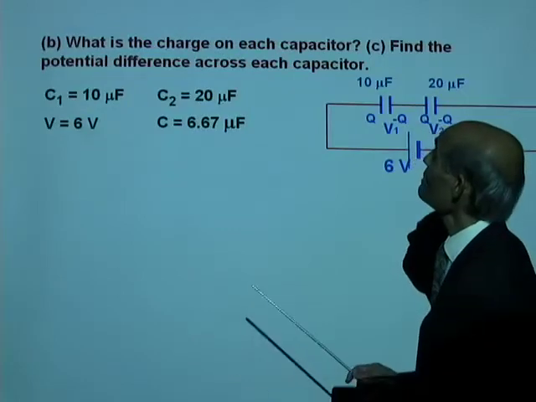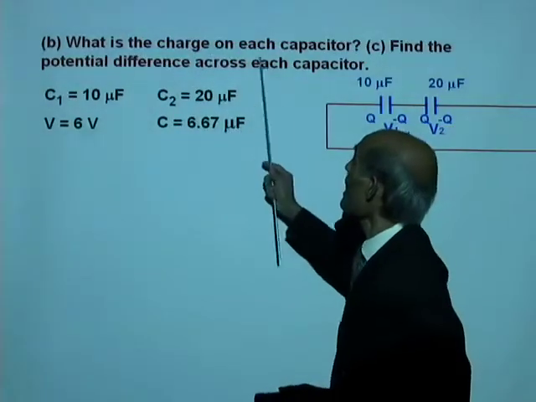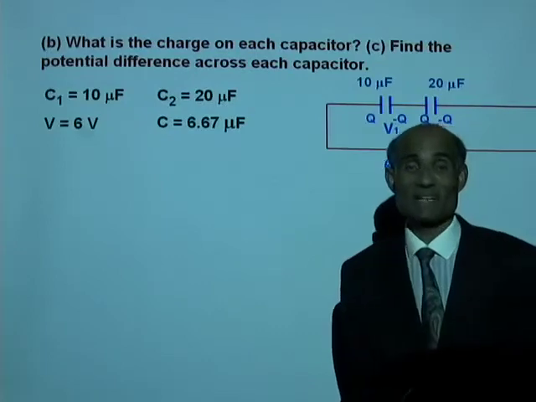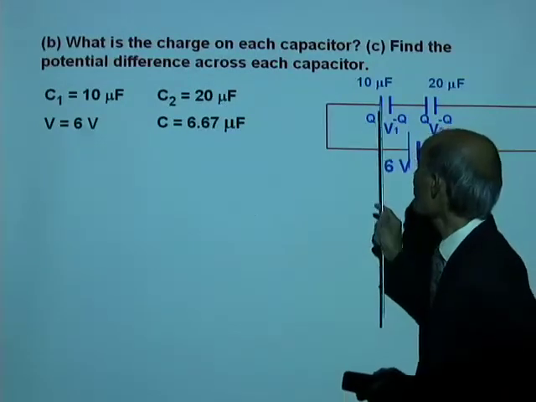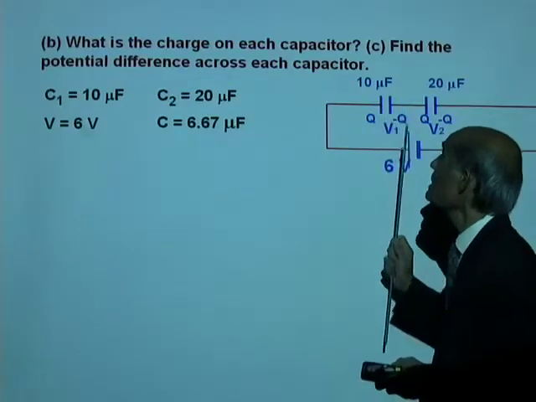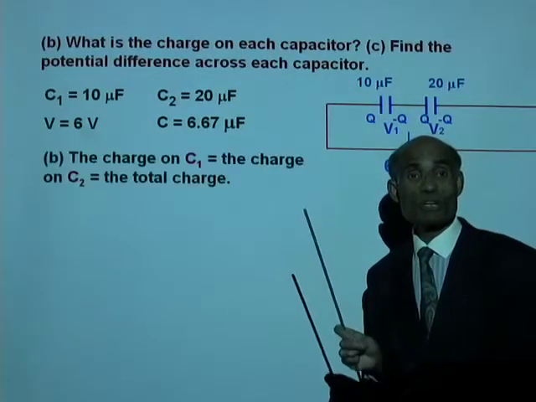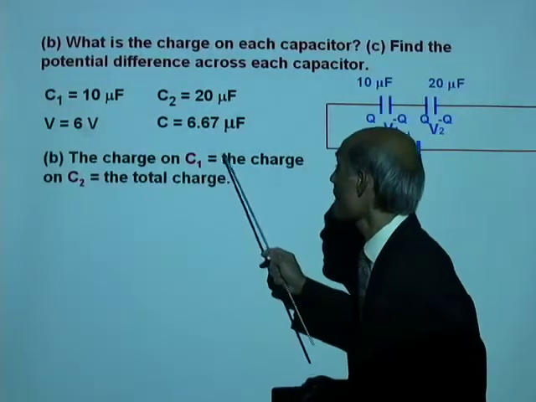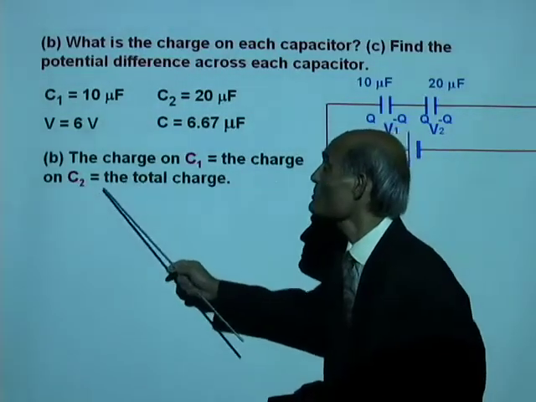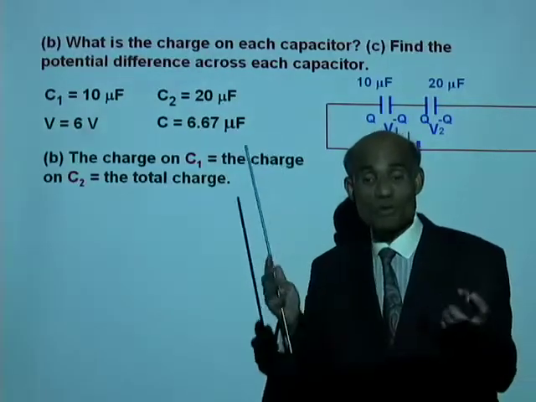What is the next thing we need to find? What is the charge on each capacitor? Well, in order to find the charge, you need to know the potential difference. Is that right? Well, the charge on C1 equals the charge on C2 equals the total charge.